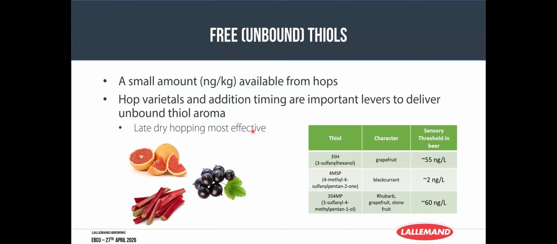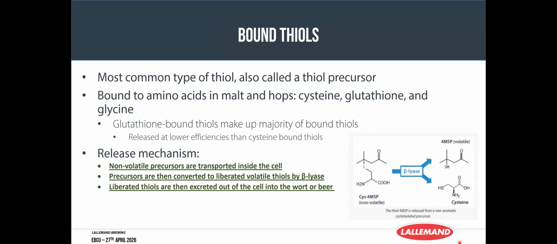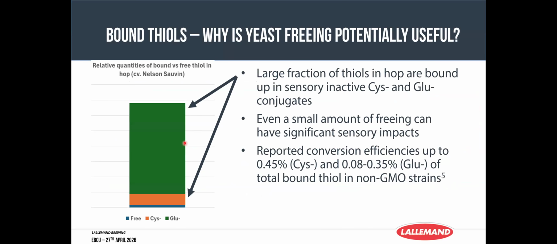All right, so skip through this. You'll see the orange and the green. These are actually bound to cysteine and glutathione cofactors. This is what you think you're adding when you're dry hopping, but what you're actually adding as free and aroma-active thiol is much less when you're adding it to the beer.